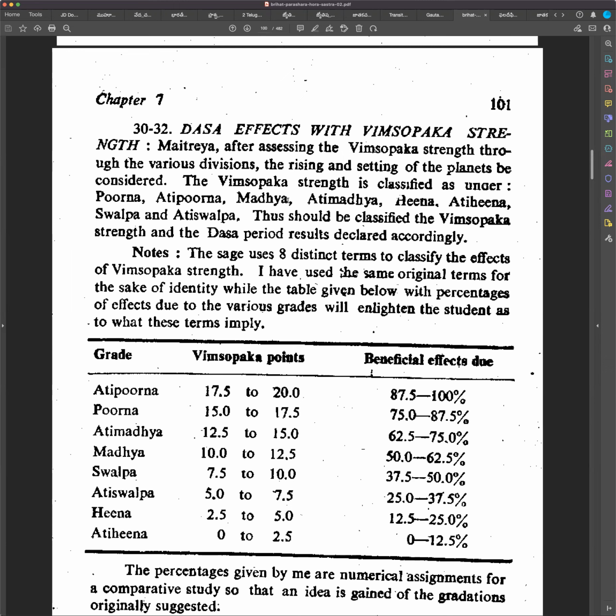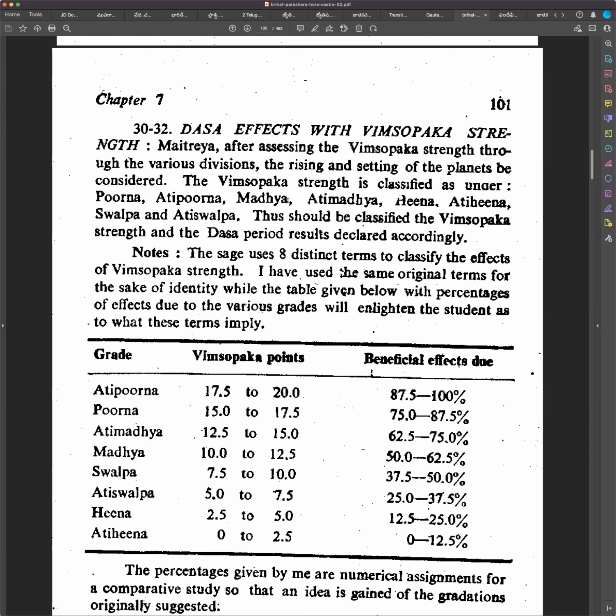So the Vimshopaka Bala of any planet determines how the planet is going to give results. Even if the planet is involved in any yoga in any house, it will fail to give any results related to it if it does not have sufficient strength.